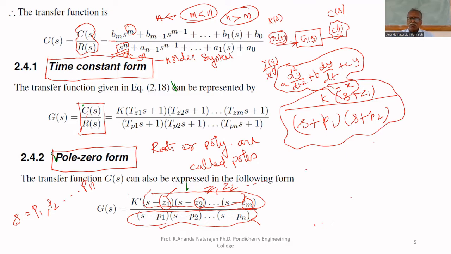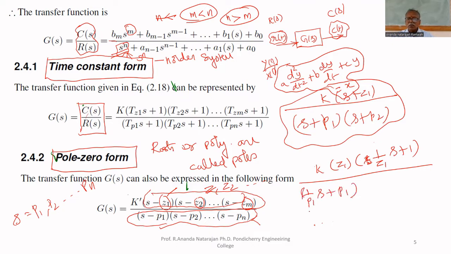If you take P1 outside, what you will get is K Z1 times (1 by Z1 s plus 1) whole divided by (1 by P1 s plus 1) and (1 by P2 s plus 1). So outside you will get P1, P2.